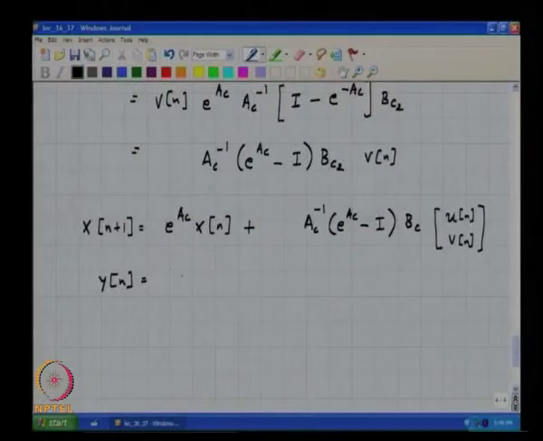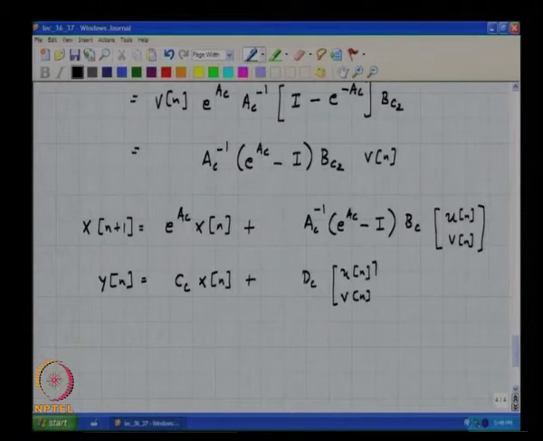So, this will simply be Cc x of n plus dc u of n v of n. Does it make sense?